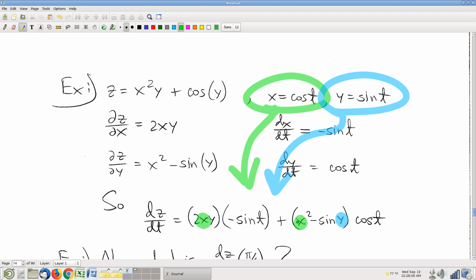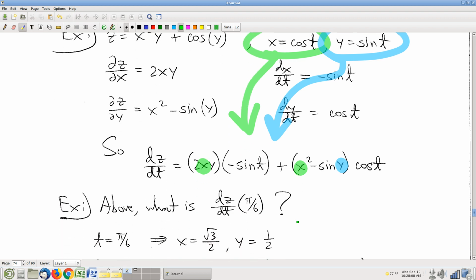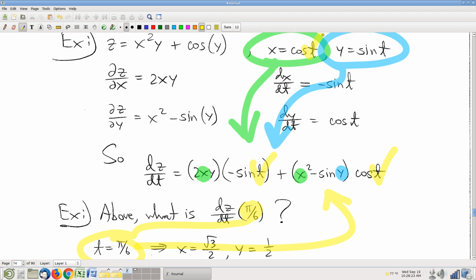Once you have everything as a function of t, you could then plug in and say, I am interested in when t is pi over 6. Everything's a function of t. I'm going to take this value of pi over 6 and plug it in for all of the t's that show up in this combined expression. Keep in mind I've plugged in for x and y. And evaluate. And that'd be one way to do the problem.